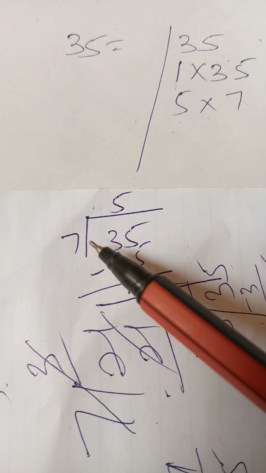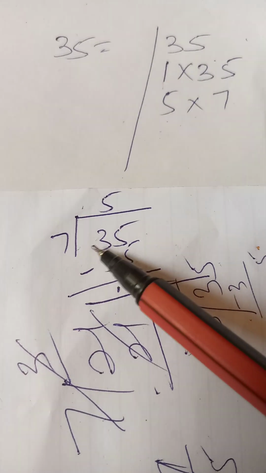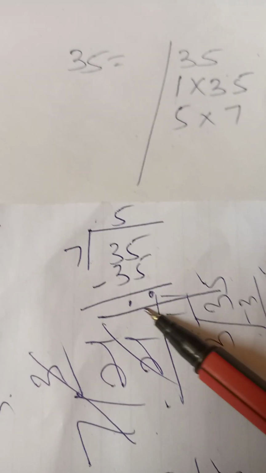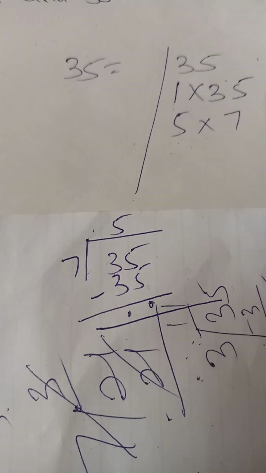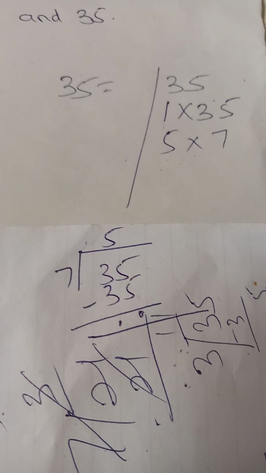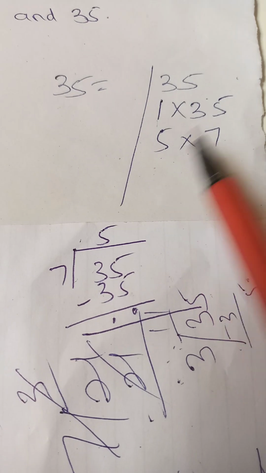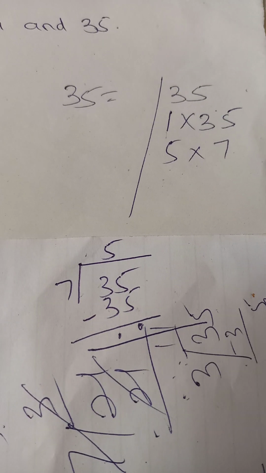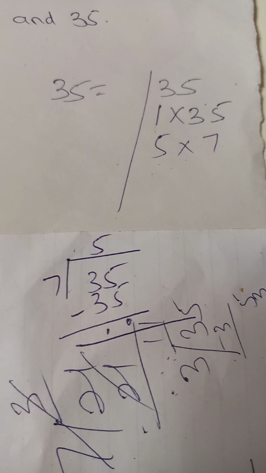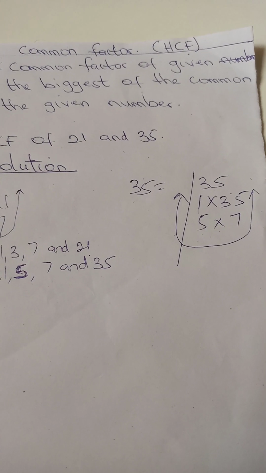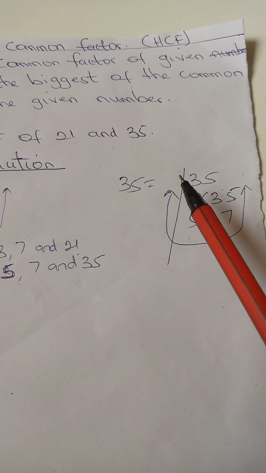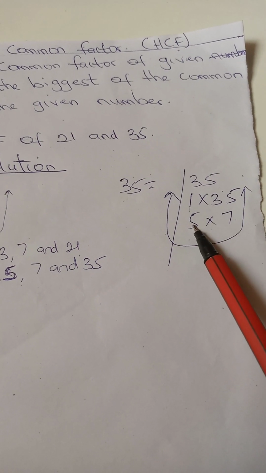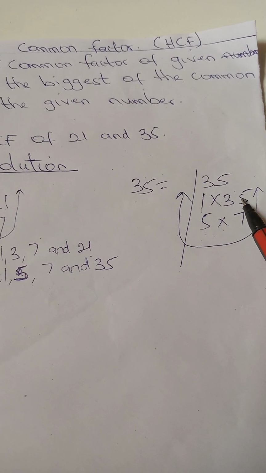Here, it can be seen that 7 is a factor of 35 because it divides without remaining. I've said earlier that when you get to the stage of repeating numbers, 5 times 7, 7 times 5, you have to stop. So I'll stop and write out my answer. Now, the factors of 35 are 1, 5, 7, and 35.